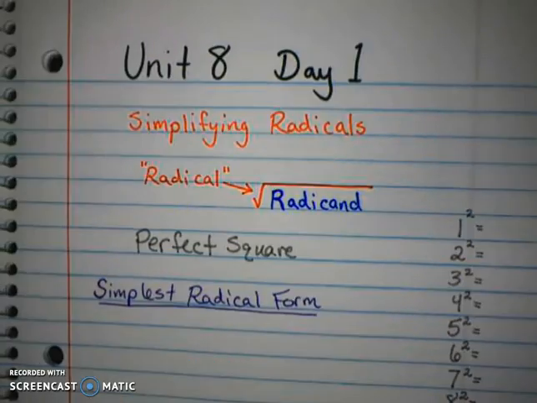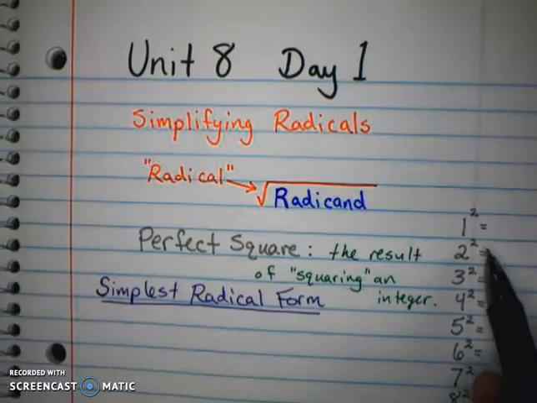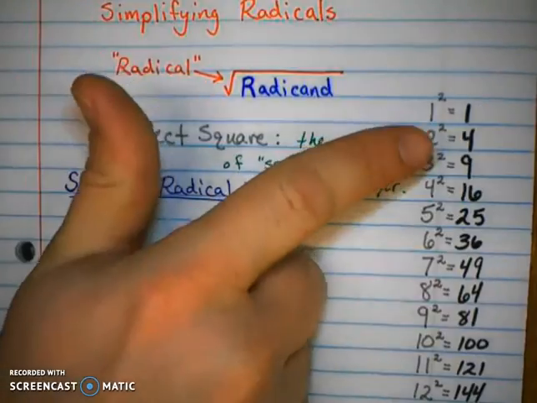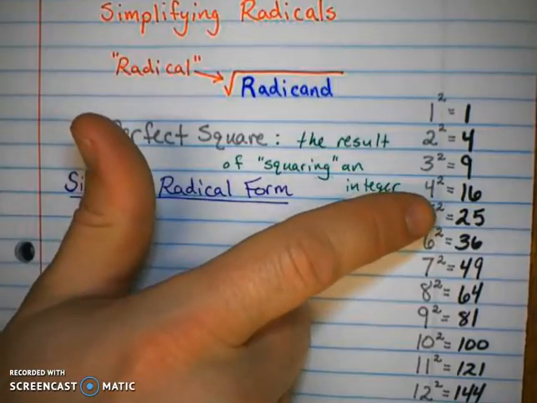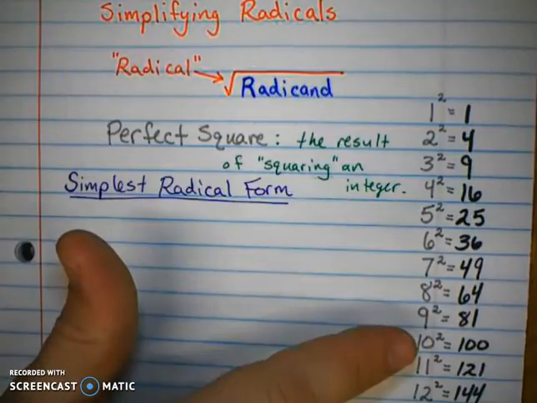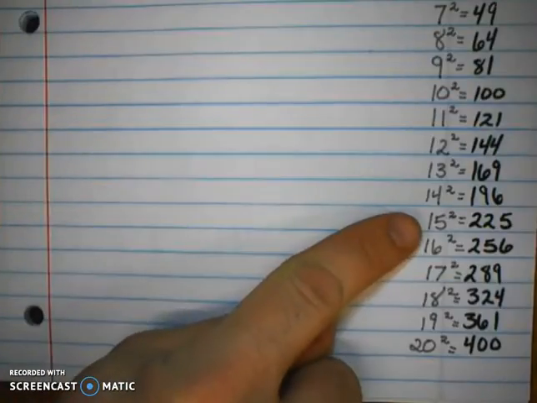A perfect square is defined like this: the result of squaring an integer. So when we take our integers, in this case 1 through 20, and we square them, these are what we get. 1, 4, 9, 16, 25, 36, 49, 64, 81, 100, 121, 144, 169, 196, 225, 256, 289, 324, 361, and 400.